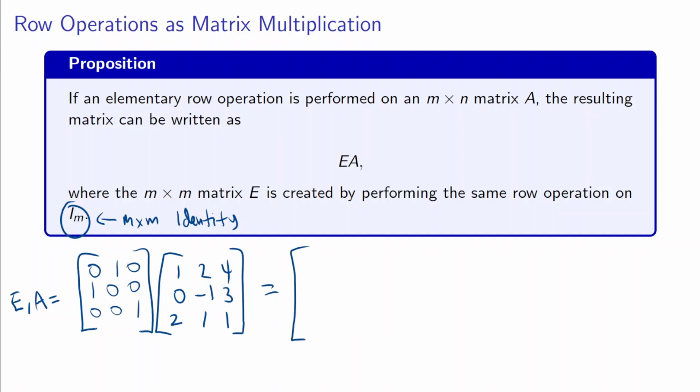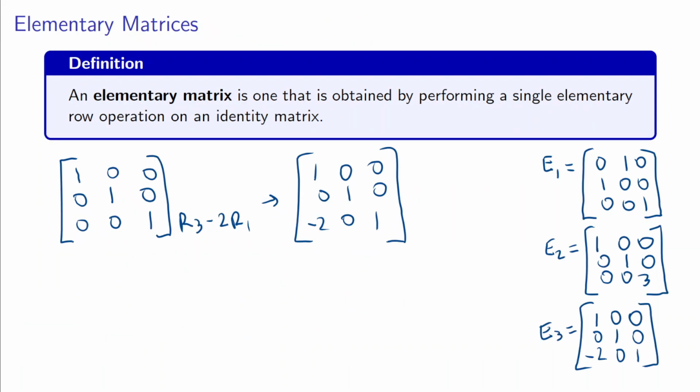Okay, and you could see that we're going to get 0, negative 1, 3, 1, 2, 4, 2, 1, 1. So you can see we do just get the original matrix A with rows 1 and 2 interchanged. Let's do one more example.